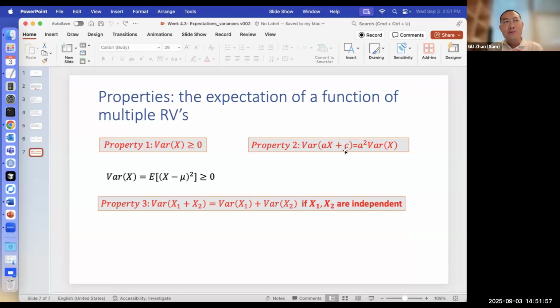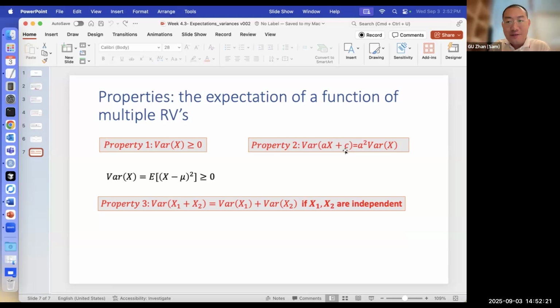If you still recall, the variance for the fair dice is around 2.9. So if you have a fair dice showing 11, 12 till 16, the standard deviation and the variance don't change. The variance will still be around 2.9.